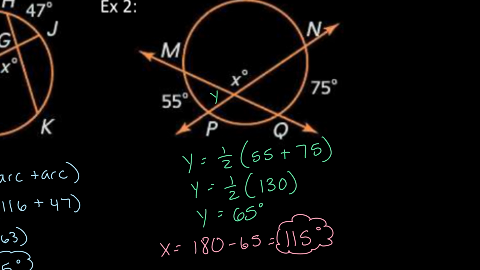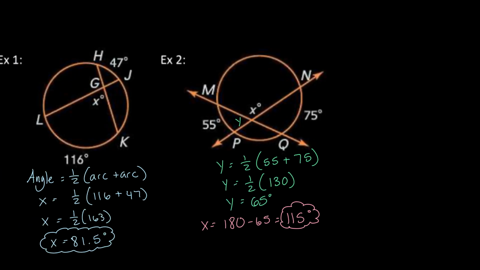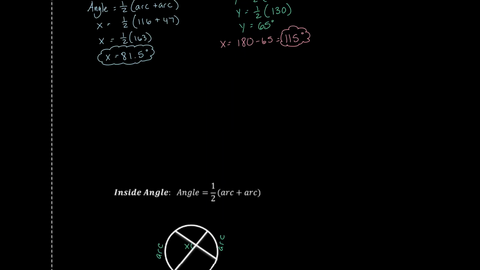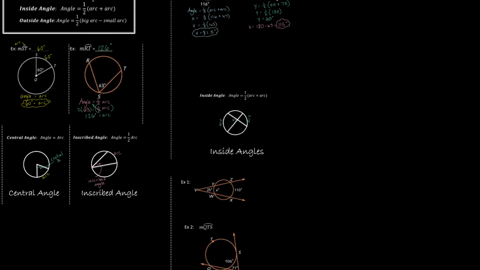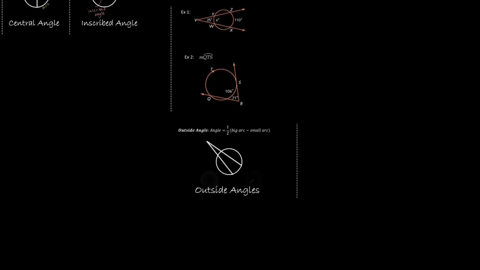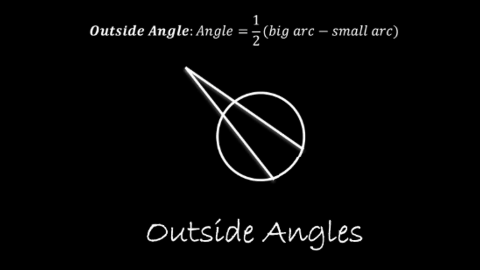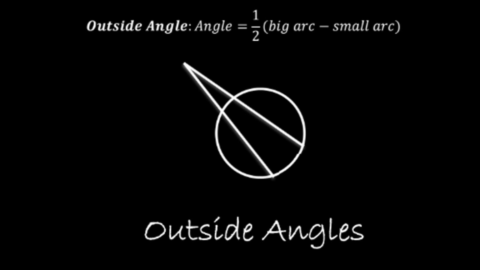Any questions on that one? All right. Last type of angles are outside angles. It's almost the exact same concept as inside angles, except now we're outside of the circle.